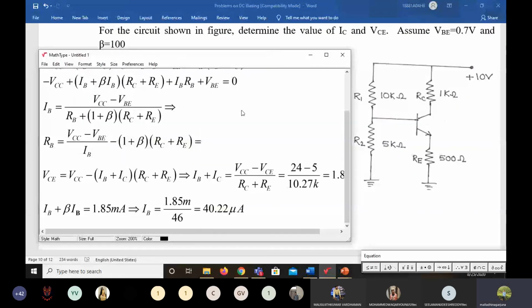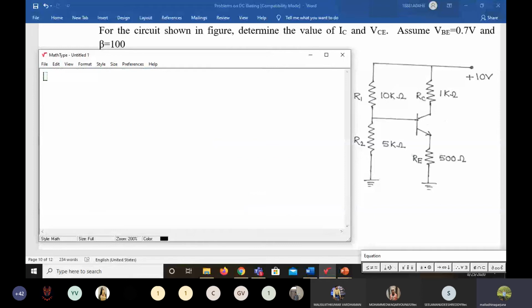If you go back and see that voltage divider bias network, we convert this circuit into the equivalent circuit by taking V Thevenin across R2, and V Thevenin across R2 is equal to R2 by R1 plus R2 into VCC. Then we take the parallel combination of R1 and R2, that we call RB or R Thevenin, that is R1 parallel to R2, and then we applied the KVL.